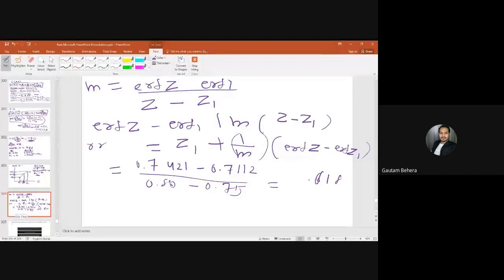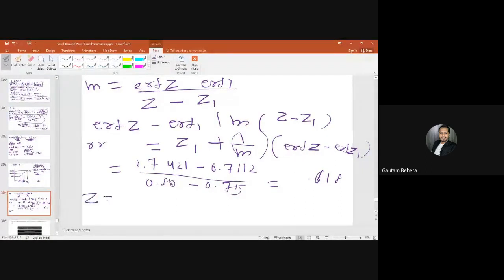I can write finally Z is equal to 0.75 plus 1 by 0.618 into 0.7368 minus 0.7112, right?